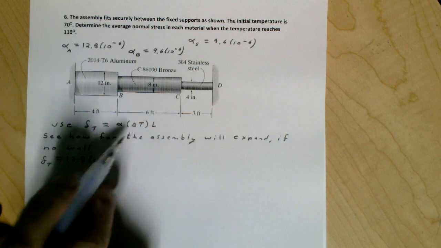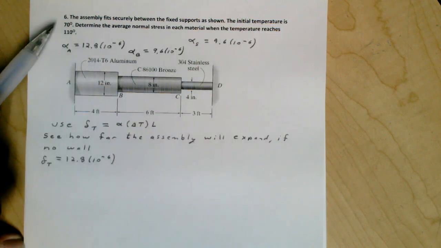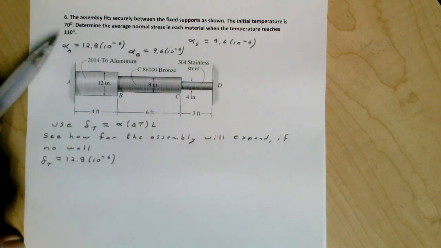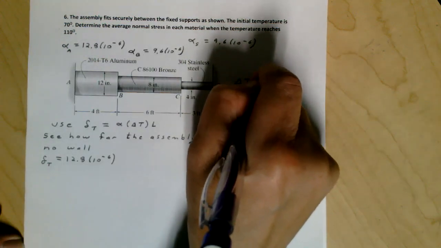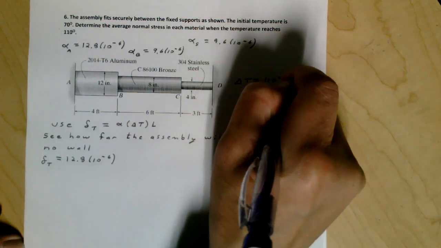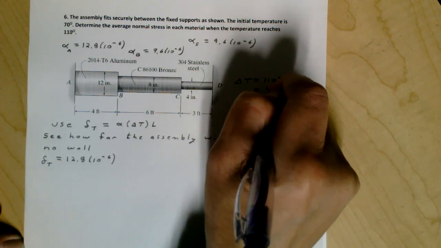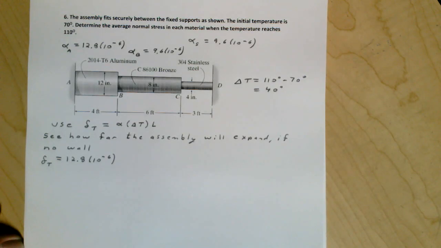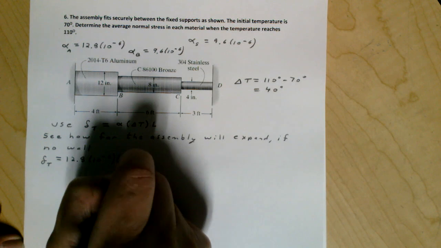And then the change in temperature, we're told, let's say it starts at 70 degrees and finishes at 110. So our delta T is going to be 110 minus 70, or 40 degrees.